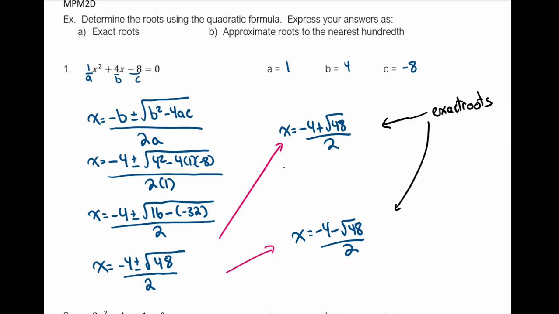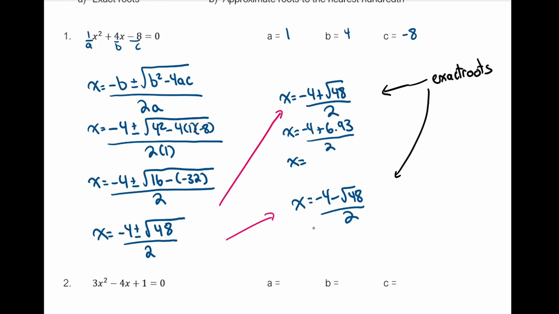And when I go through and simplify, x equals -4 plus, now we can just figure out the square root of 48, which is 6.93, all divided by 2. And we can do the same thing for the bottom one, x equals -4 minus 6.93 divided by 2.